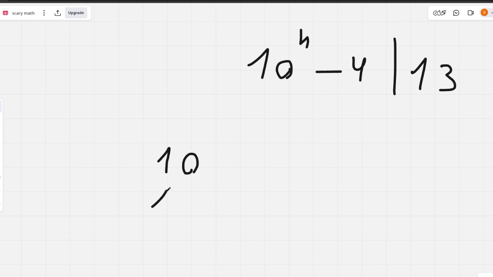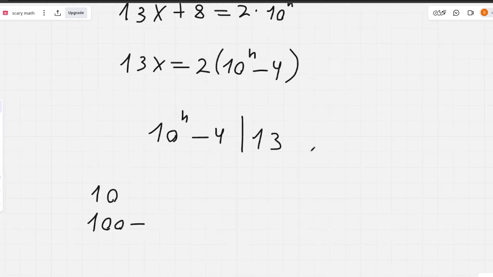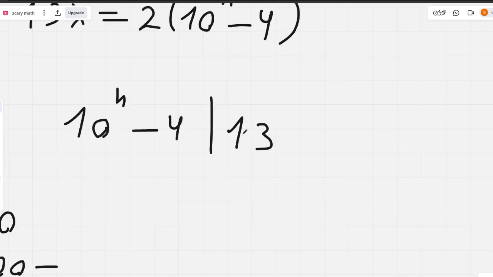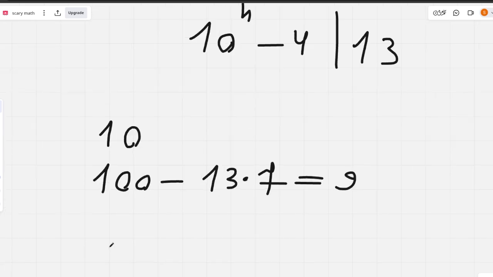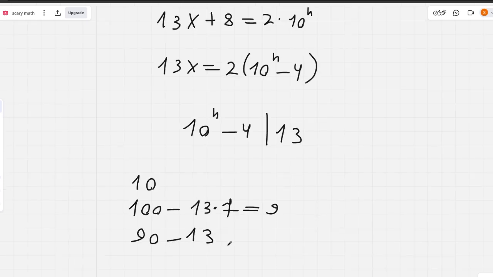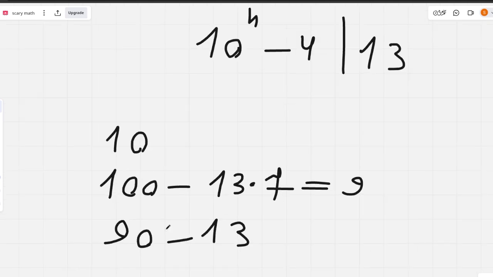Now we multiply that by 10, get 100, and let's subtract. It seems that 7 is the largest amount of 13s that you can subtract. So we get 91, we get 9 here. Okay, next 90 minus 13. Oh yeah, what we need to get is a remainder of 4.